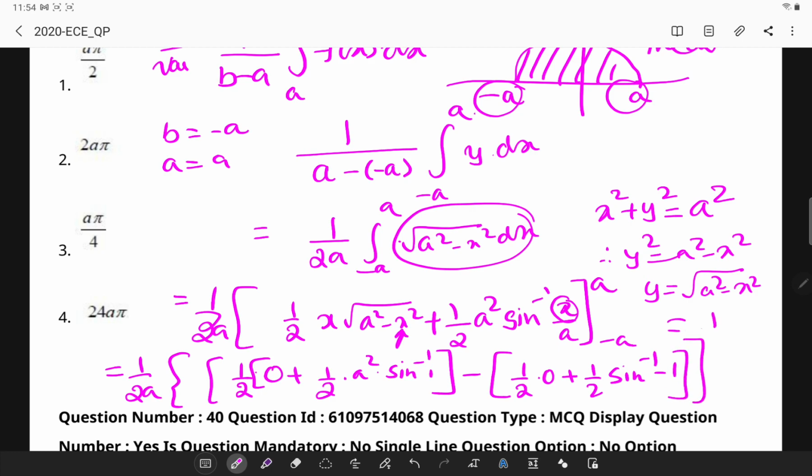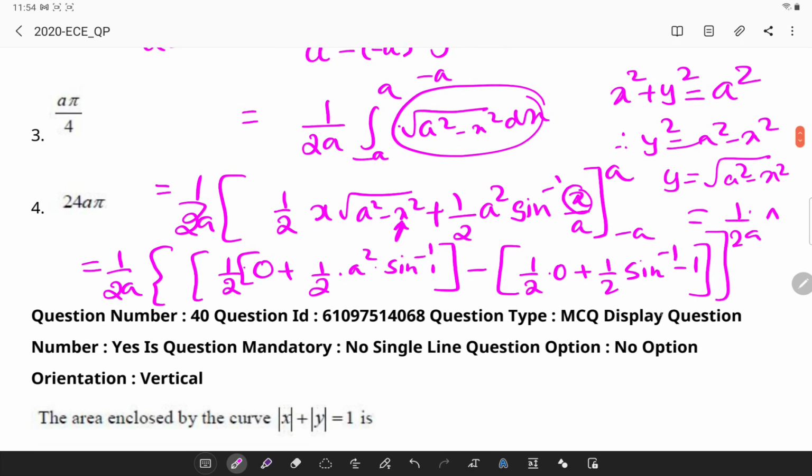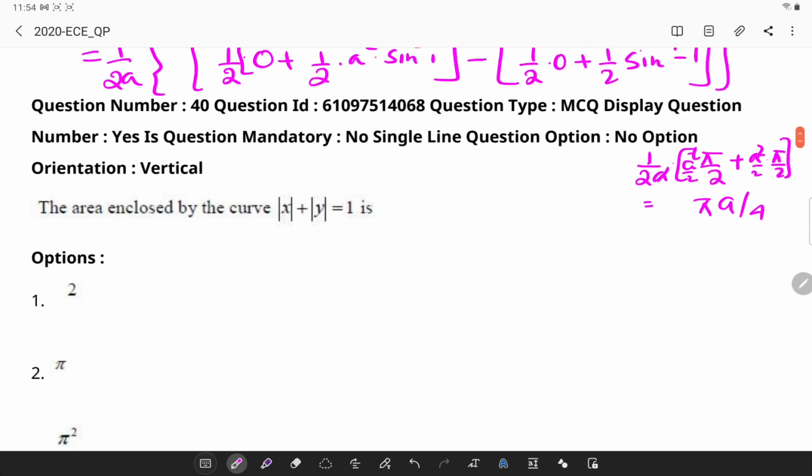So this will be 1 by 2a into a square into pi by 2 plus a square into pi by 2, into 1 by 2. If I cancel a square, I will be left with pi a by 4. So a bit advanced question.